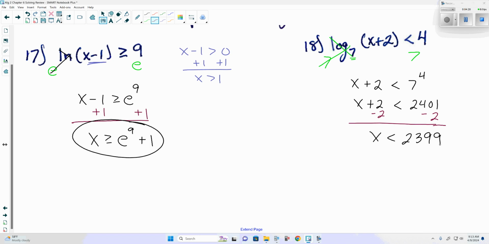Now, this one here, just like the previous one, what's inside the log cannot be 0. So we're saying x plus 2 has to be greater than 0. When I solve for x, I'm saying that x has to be greater than negative 2. And if we were going to include this or check this, we would say, is negative 2 less than 2,399?